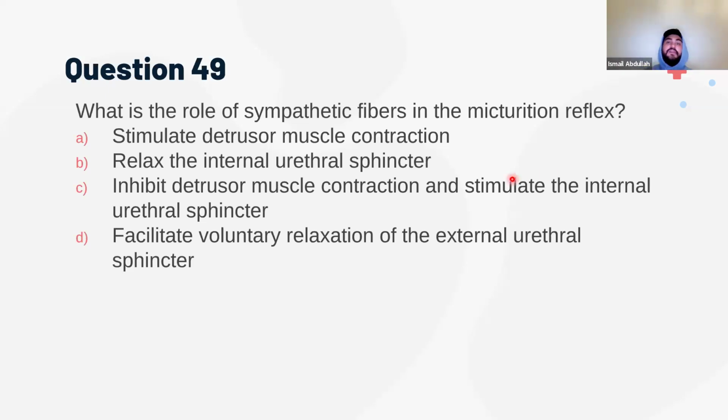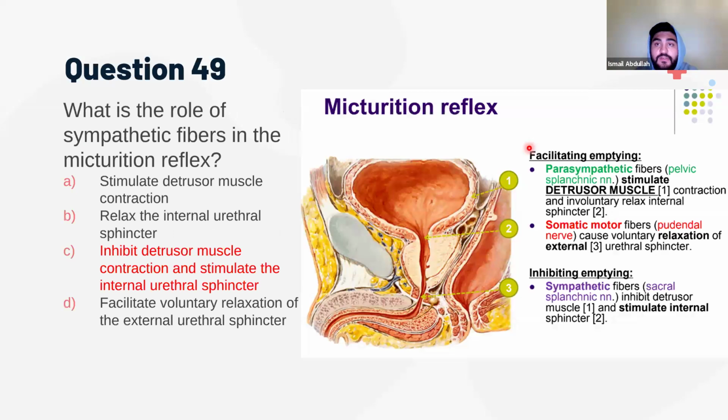Yes, it's going to be C. It's going to inhibit the detrusor muscle contraction and stimulate the internal urethral sphincter. So this will inhibit emptying, because sympathetic works on not emptying the bladder.